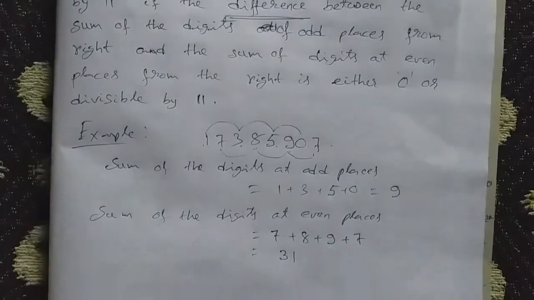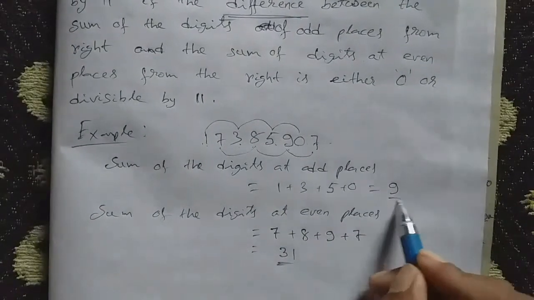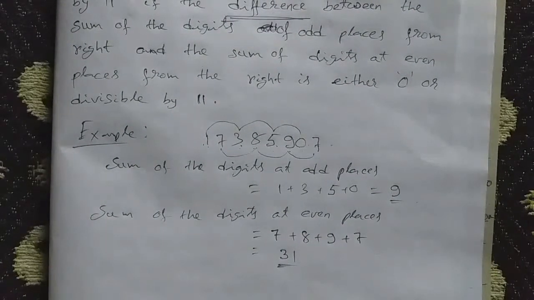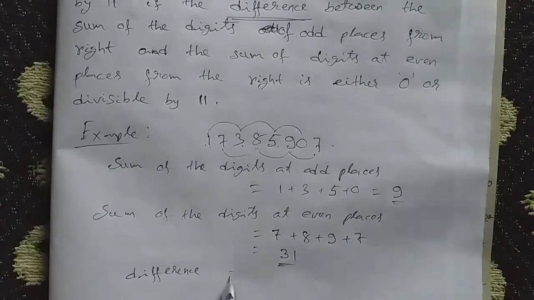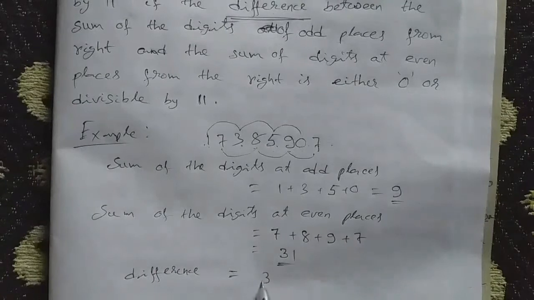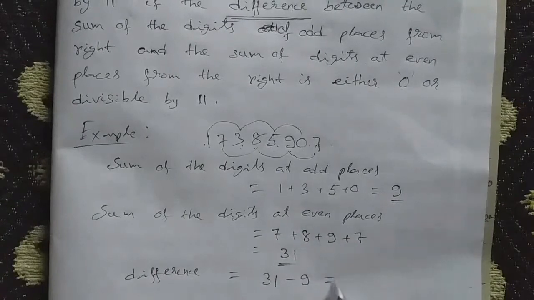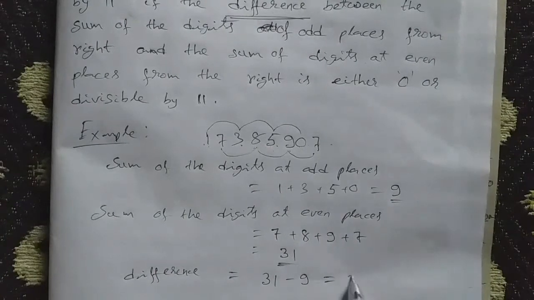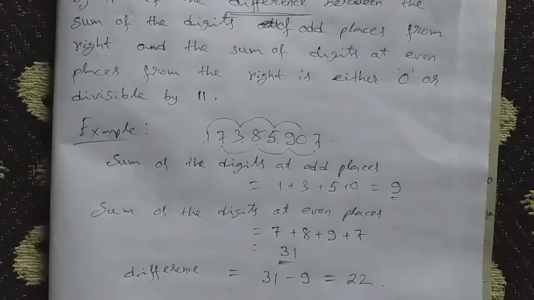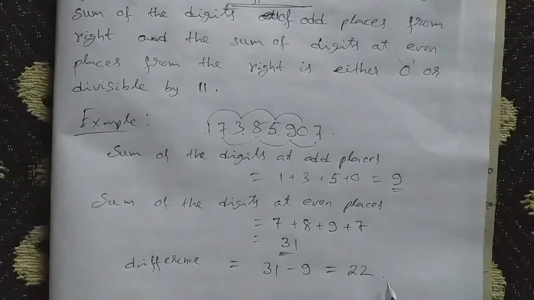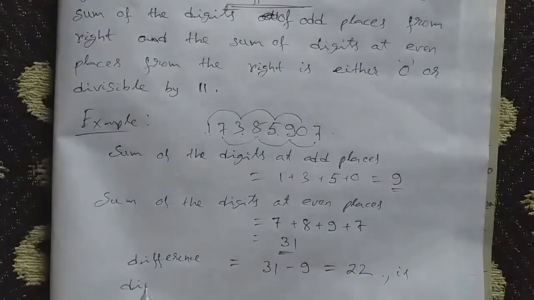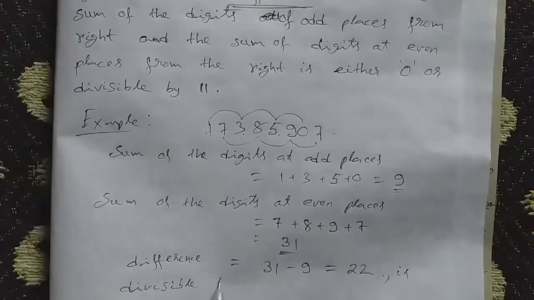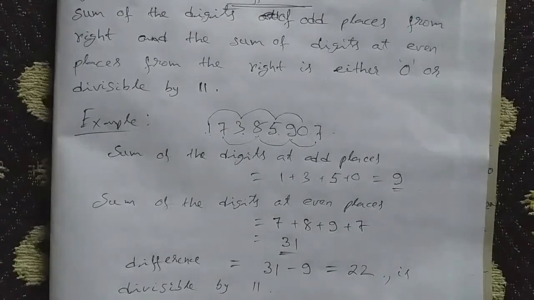Now we will find the difference between 31 and 9. So the difference is equal to 31 minus 9, and we get 22. And it is easy to check that 22 is divisible by 11.